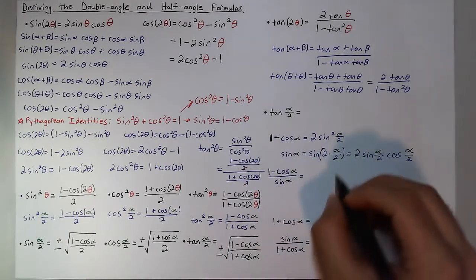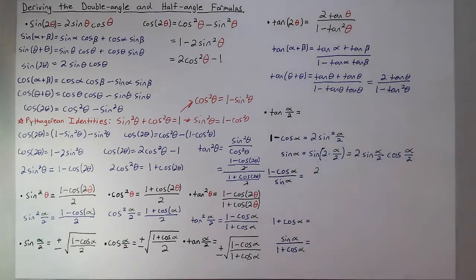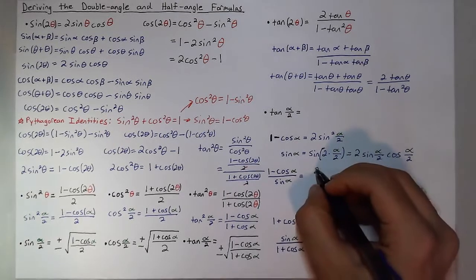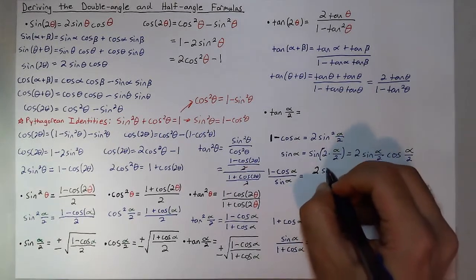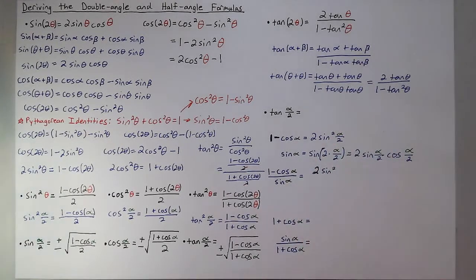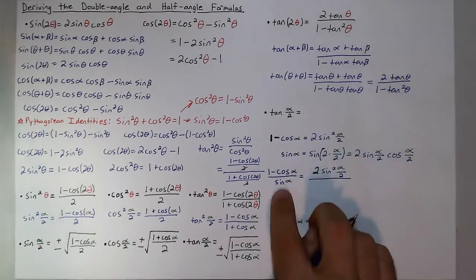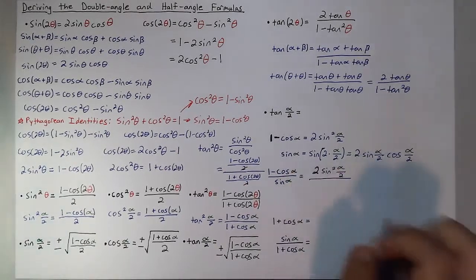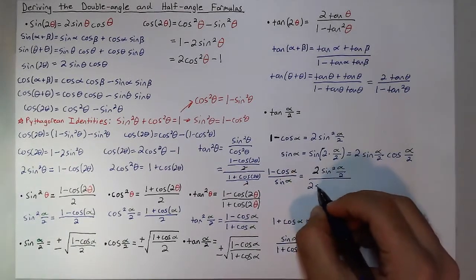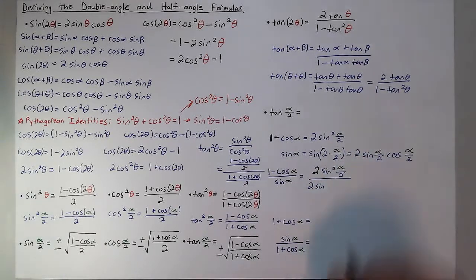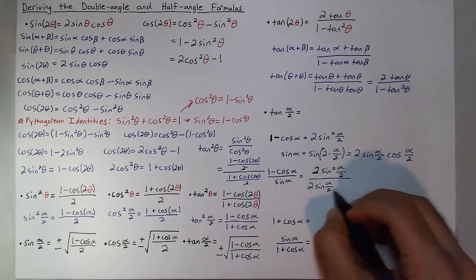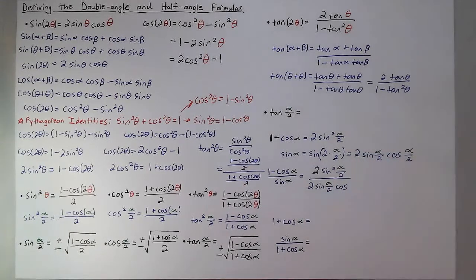So 1 minus cosine of alpha is the same as 2 sine squared of alpha over 2, all over sine of alpha, which we just calculated as 2 sine of alpha over 2 times cosine of alpha over 2.